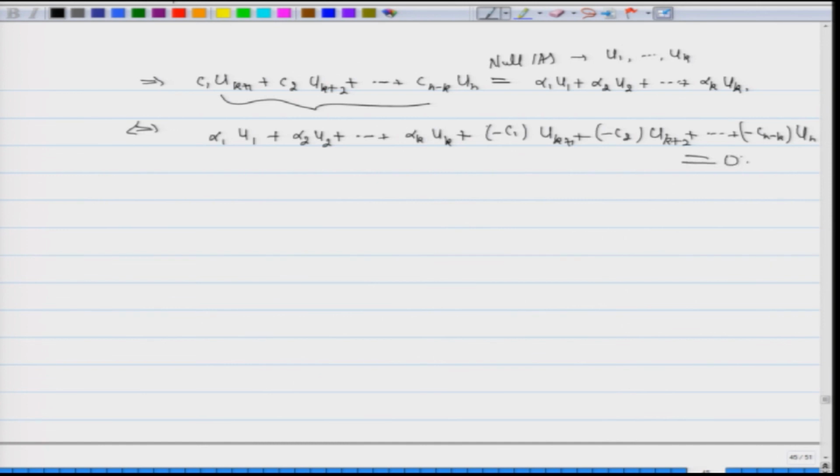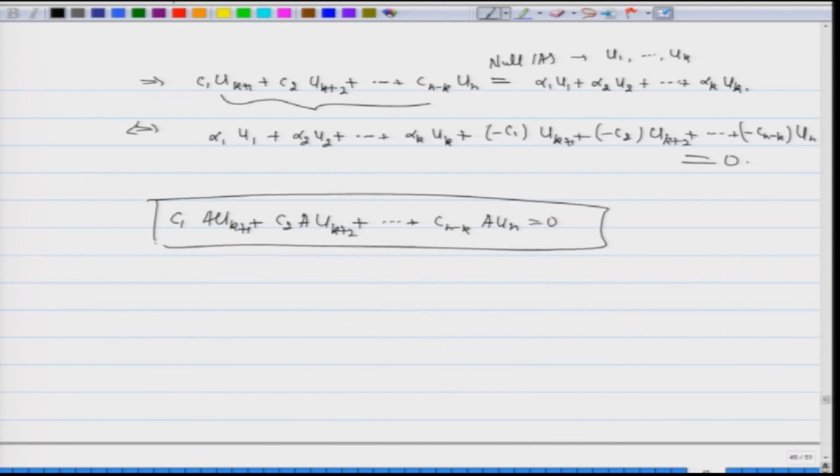Fine. So, the system of equations that I had started with, C1 A u_{k+1} plus C2 A u_{k+2} plus C_{n-k} A u_n equal to 0, has led me to a new system of equations which has all the n vectors u1, u2, uk, u_{k+1}, u_{k+2}, un. So, I have n vectors and I am looking at a system of equations in all those n vectors.